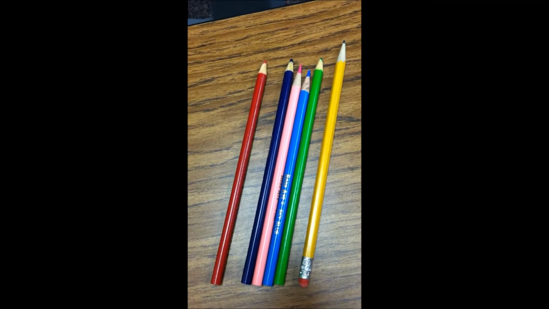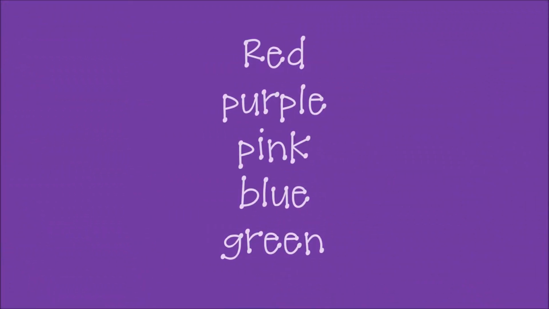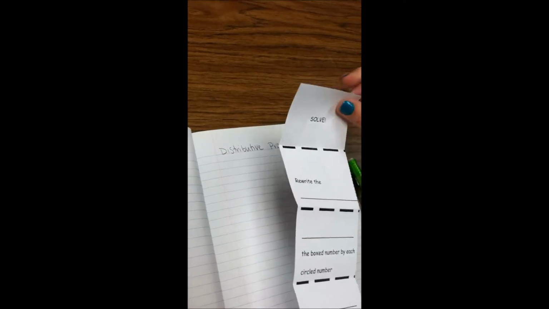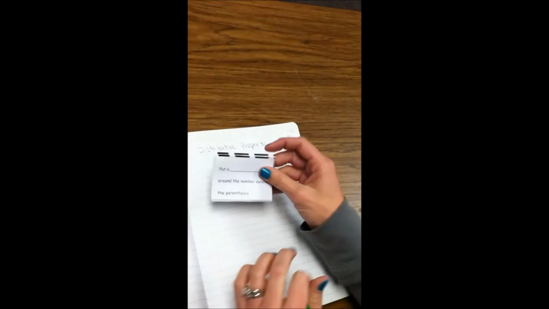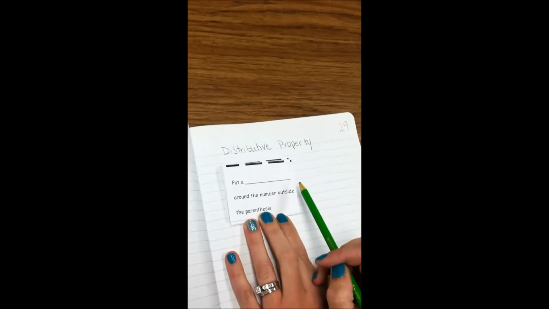I chose red, purple, pink, blue, and green. I'm going to start with the green, and if I have this folded, the front now should say put a, and there will be a blank.